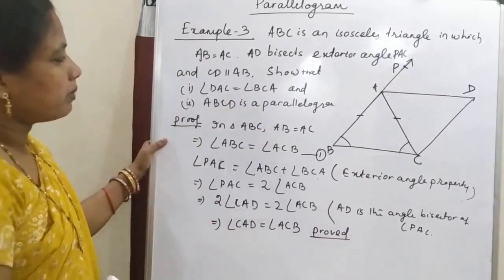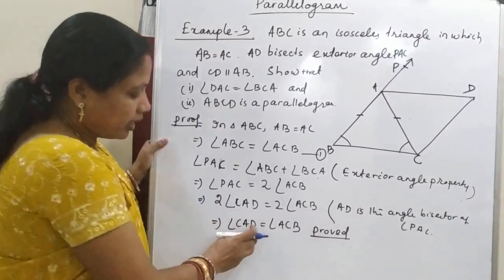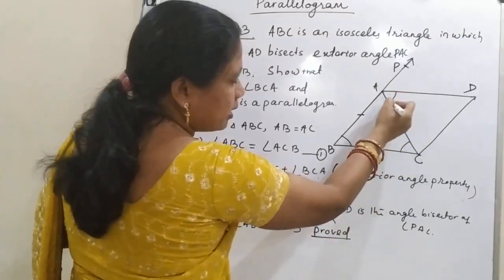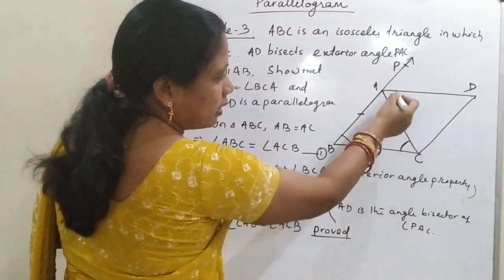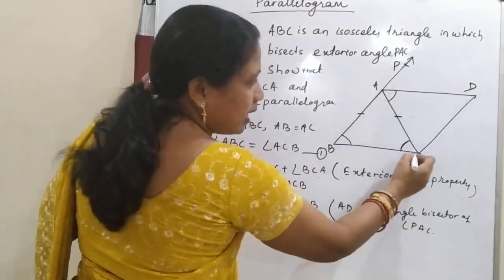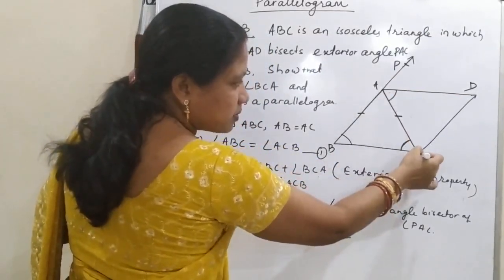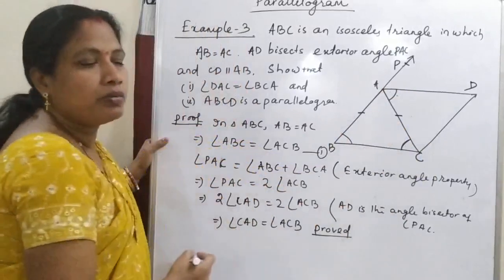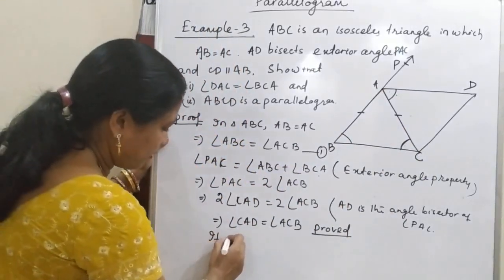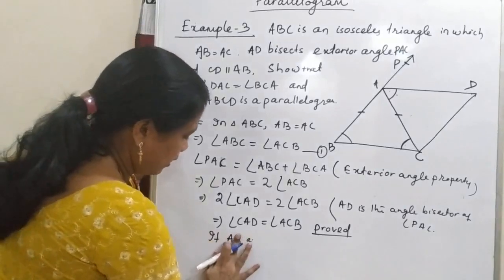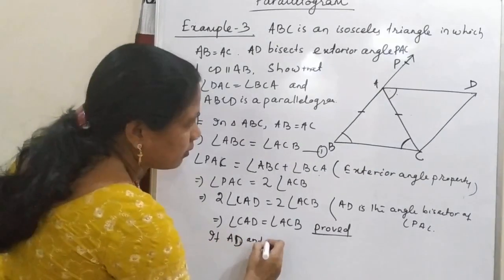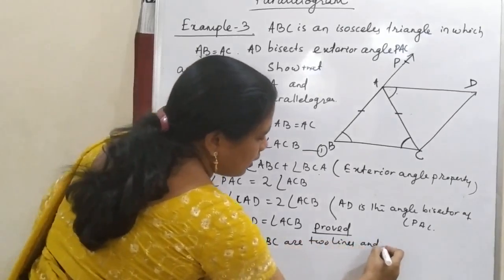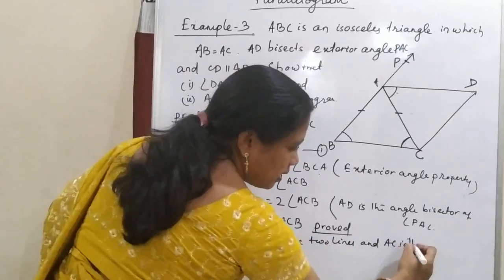Then come to the second. We have to prove ABCD is a parallelogram. Angle CAD is equal to angle ACB. So if AD and BC are two lines and AC is the transversal, then if alternate angles are equal, AD will be parallel to BC.